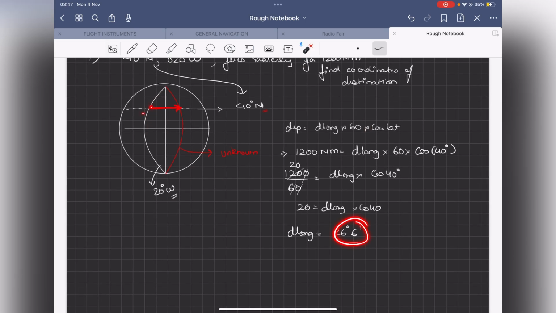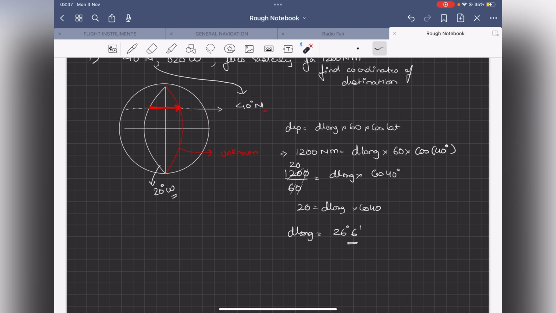So I cover 20 degrees to reach the prime meridian. From there on, I only have to travel 6 degrees 6 minutes to get a total d long of 26 degrees 6 minutes. That is nothing but 6 degrees 6 minutes east, because I'm measuring from the prime meridian itself.